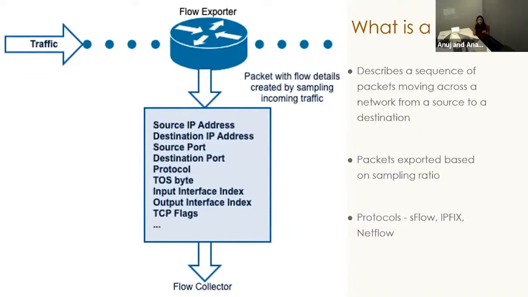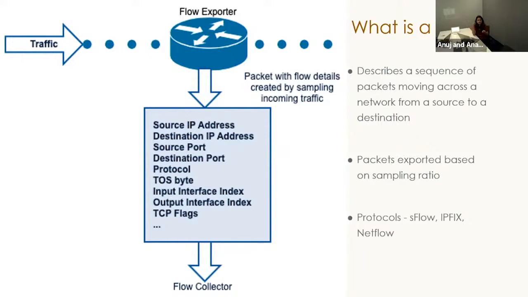This flow can be exported by the network device to an external flow collector. This exporting of flows is done using various protocols, which is dependent on the vendor of the network device. Some examples of these protocols are SFlow, IPFix, and NetFlow.